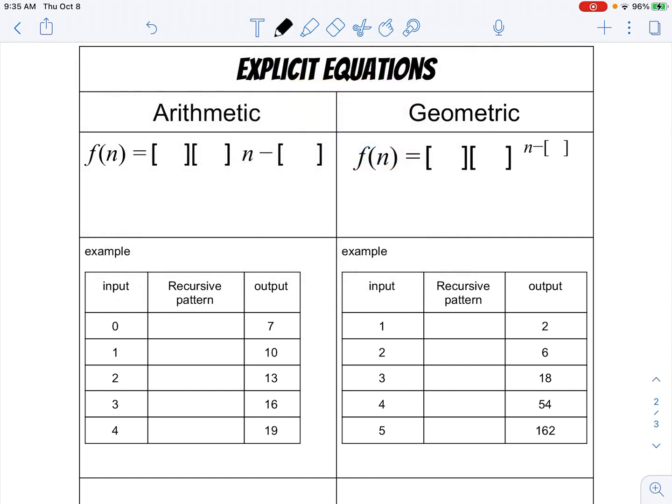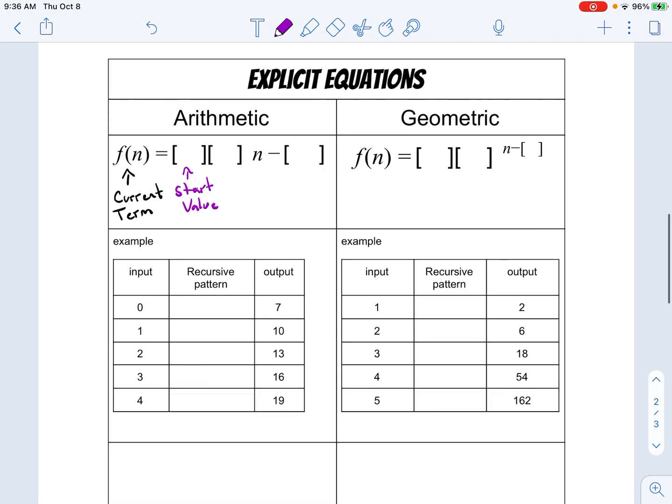is our current term. And then we're going to have our start value. So in this case, our start value, and then our action.